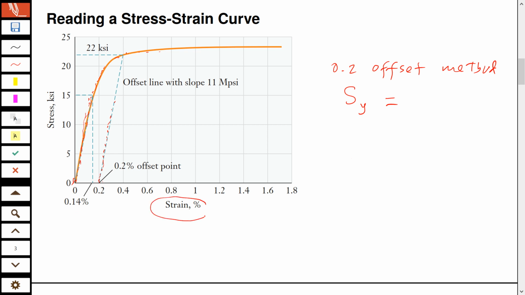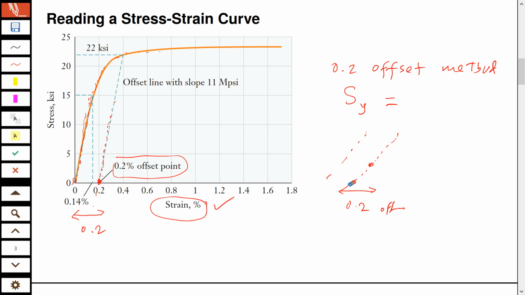Remember, make sure that this is in percent. Go 0.2%, and at that point, you draw a line of the same slope. You know, from signals and systems, and even from calculus, you know how to draw a line. So let's say if you have a line of this slope, I want you to draw this line of the same slope at a different point and make it 0.2 offset, to the right.